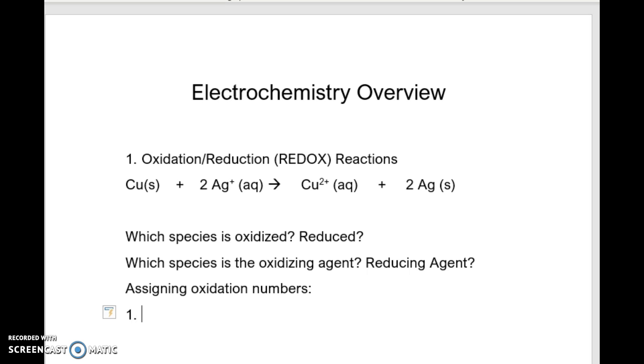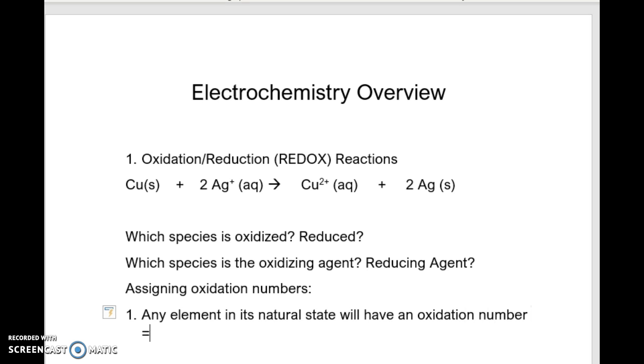So rule number 1 is that any element in its natural state will have an oxidation number equal to 0. That means, for example, oxygen is normally a gas and is usually written as O2. So O2 would have an oxidation number of 0, right?